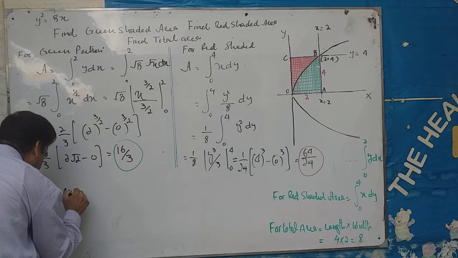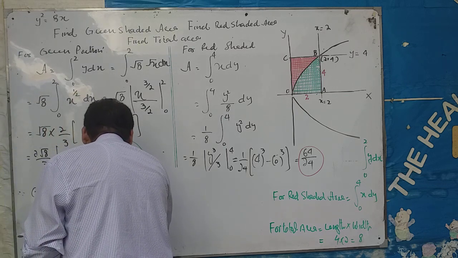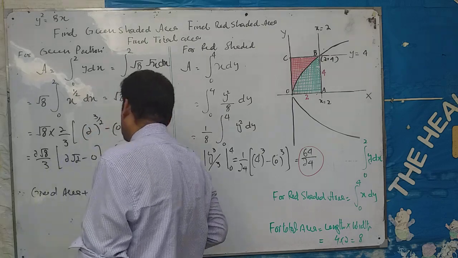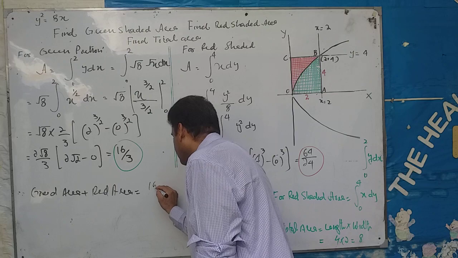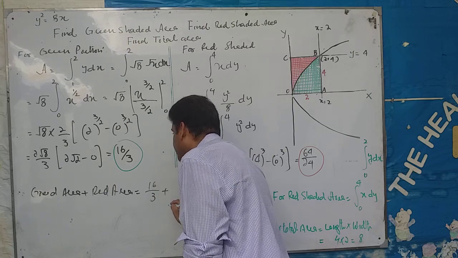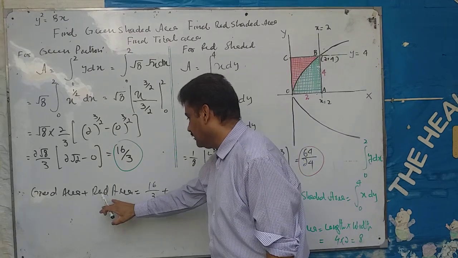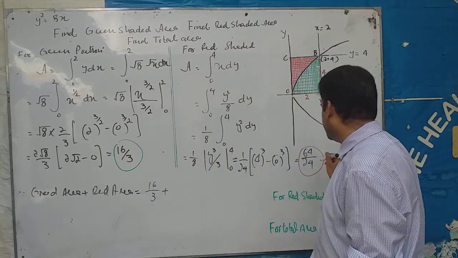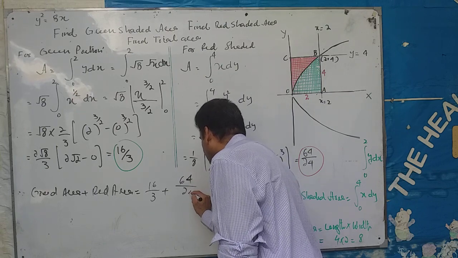Green area plus red area will be equal to 16 by 3, which is our green portion area, plus the red area, which is 64 by 24.